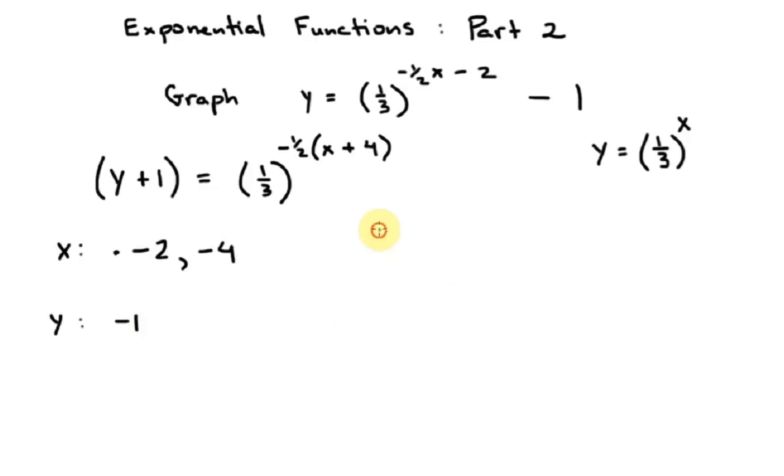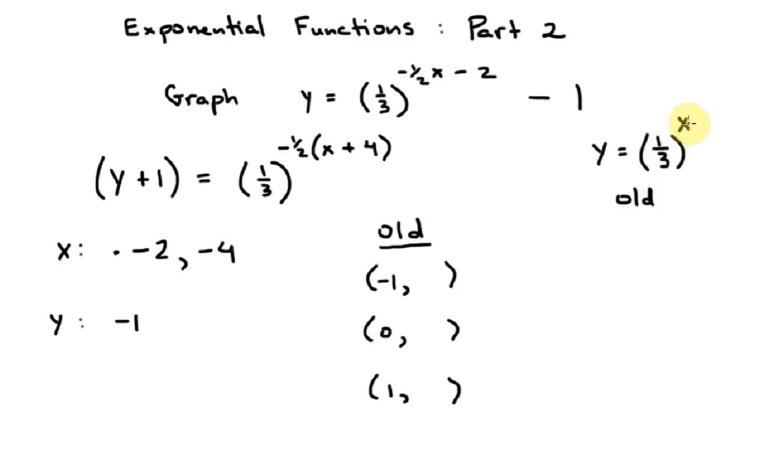What I need to do now is gather up some key points, the old points. When I'm looking at the old function, the original untainted function, what were some good key points? There were some really nice ones: when x was negative 1, when x was 0, and maybe just one more, when x was 1. If you have trouble remembering these old points, all you have to do is plug them into the old function.